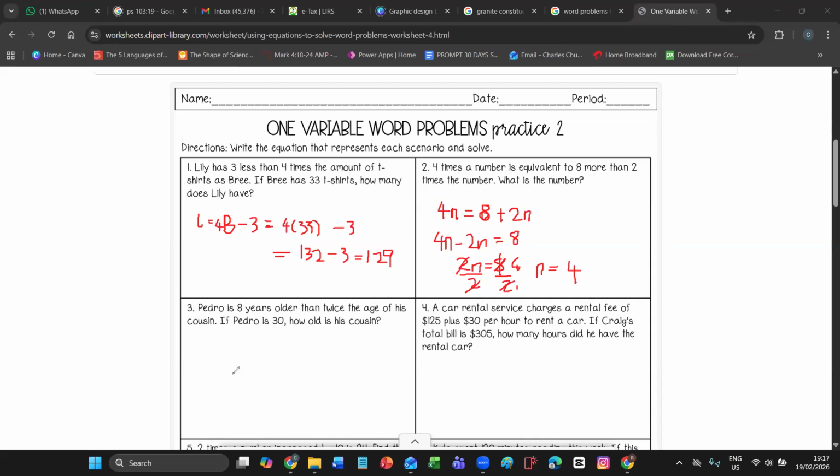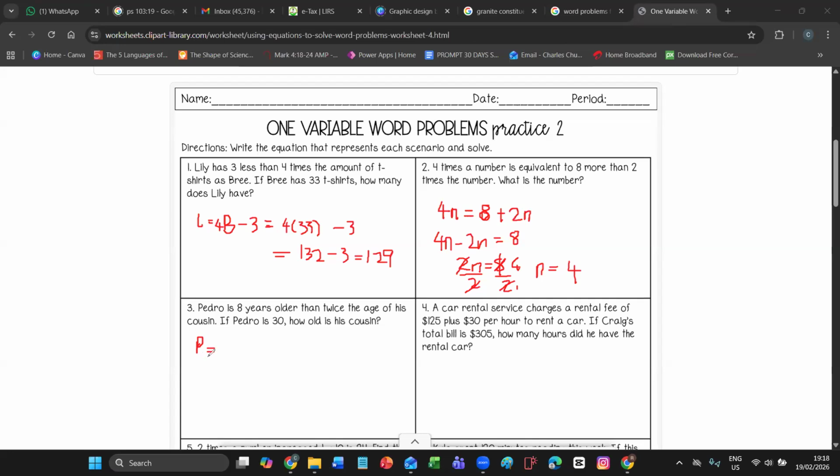Let's see. This next one says number 3. Pedro is 8 years older than twice the age of his cousin. So if we use P to represent Pedro's age, and we remember that "is" in mathematics can be likened to equals to.